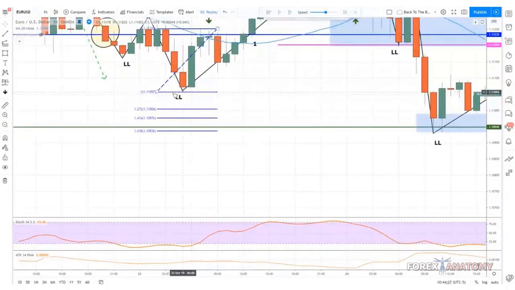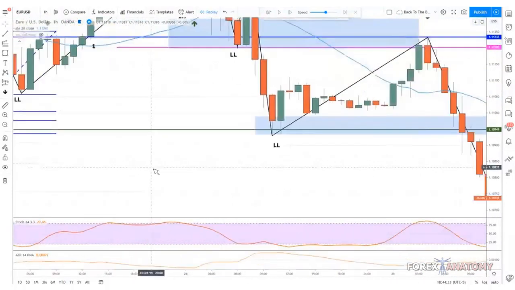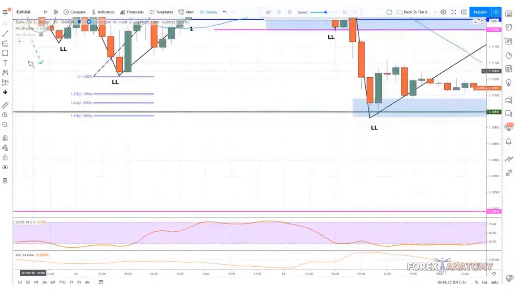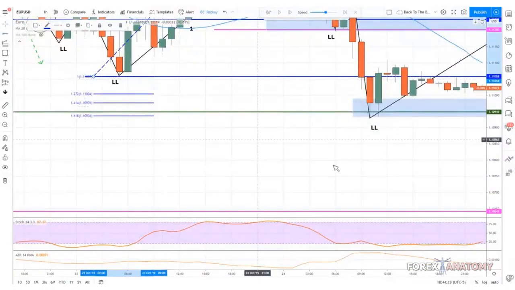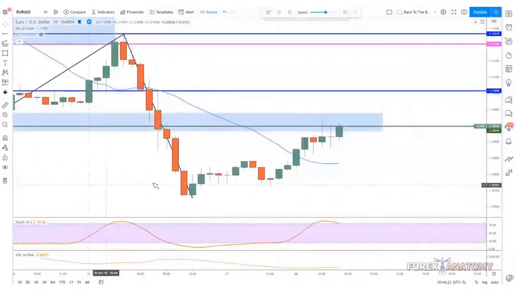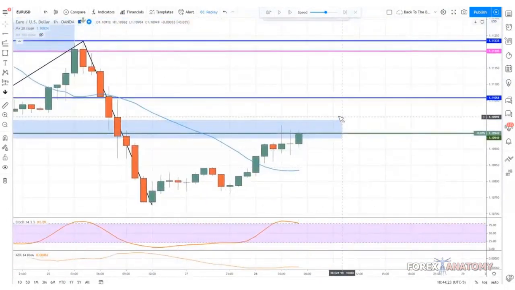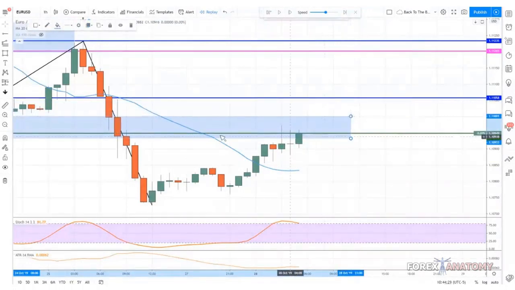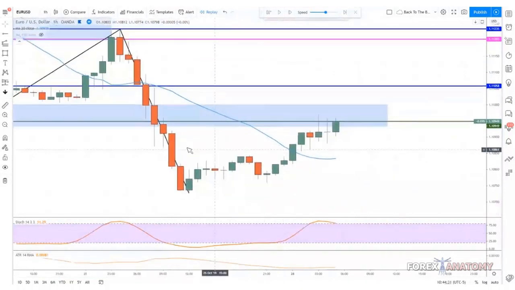Okay, it may go up to this level right here, where this lower low, lower high is, but it's a range where price could go. Let me just draw in the blue line right here, because price could very well go up to this level as well. So it could be anywhere within this zone right here. But let's just keep it right here, and we'll see what happens.